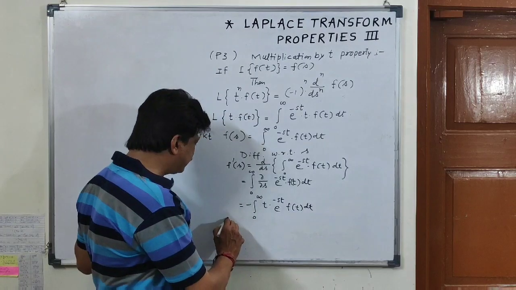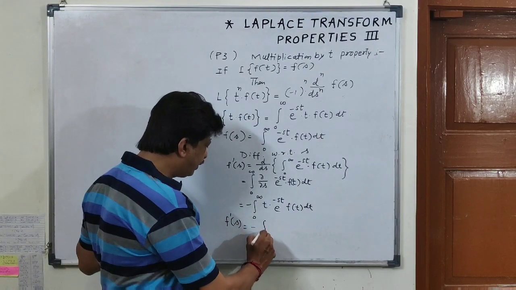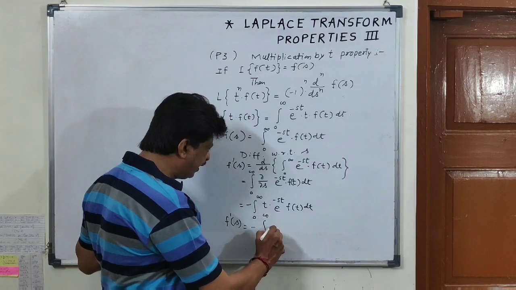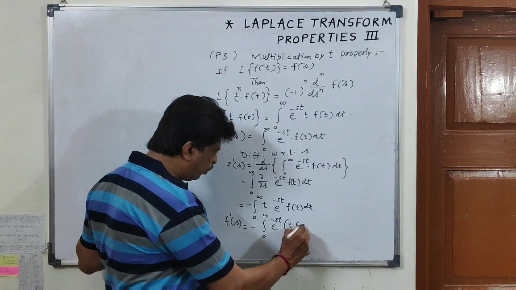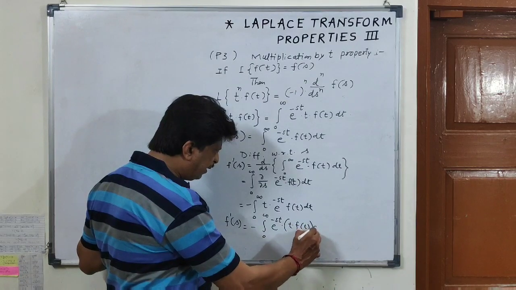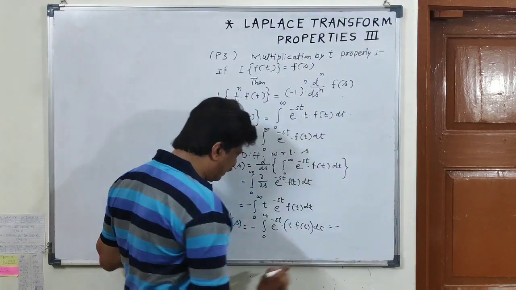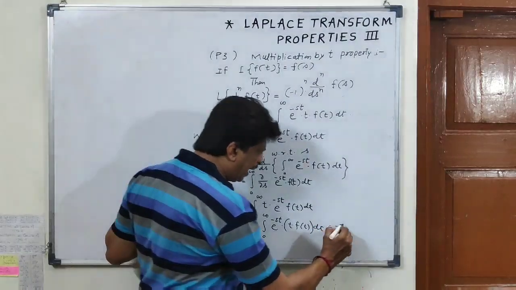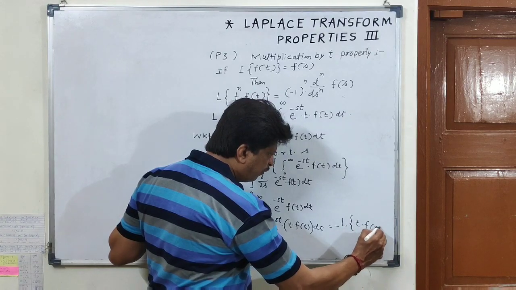So F prime of s is equal to negative of integral 0 to infinity e raised to power minus st into t into f of t dt, which can be considered as minus times the Laplace transform of t into f of t.